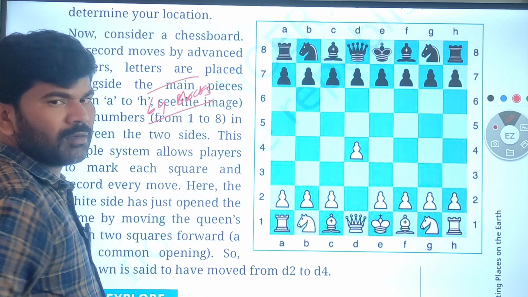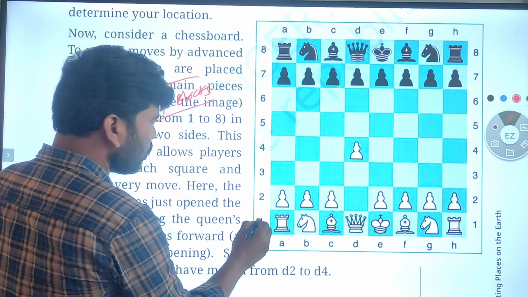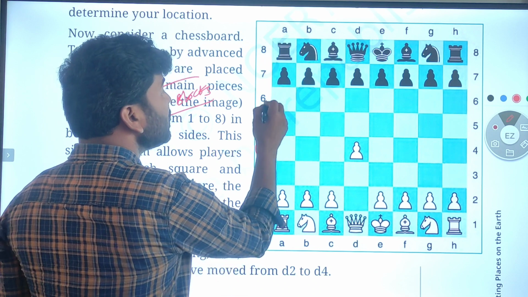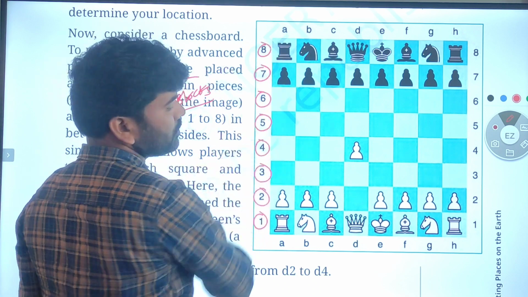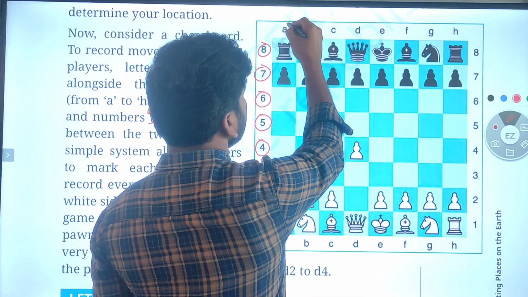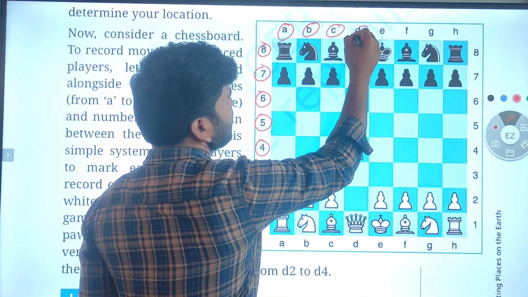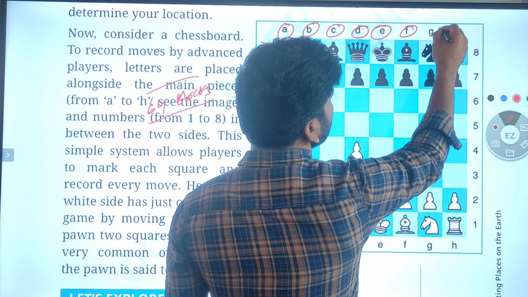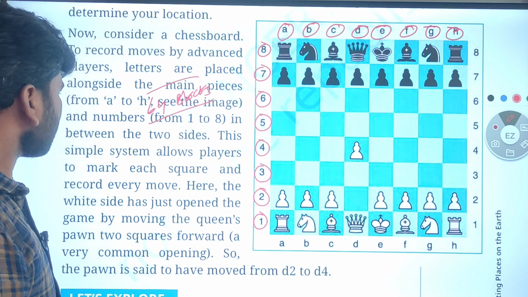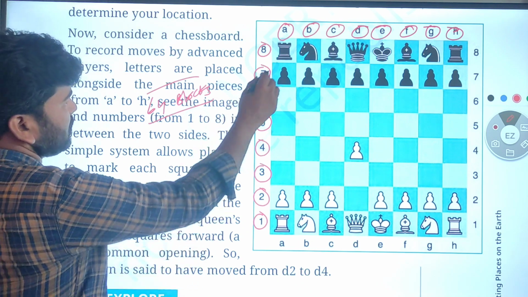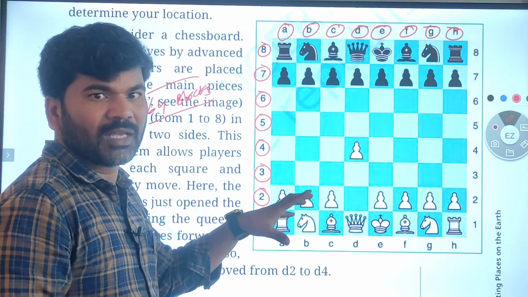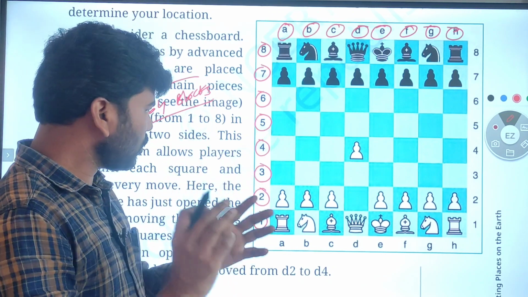The vertical lines are represented as 1, 2, 3, 4, 5, 6, 7, 8, and the horizontal lines are represented as A, B, C, D, E, F, G and H. Each square in this chessboard is represented by coordinates.